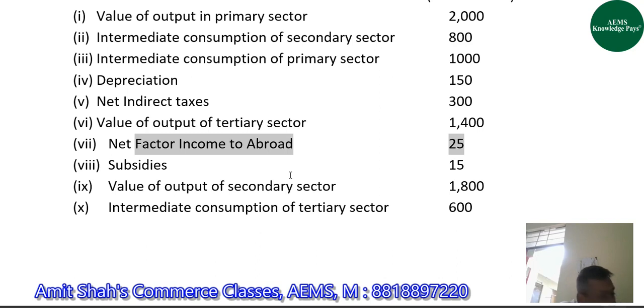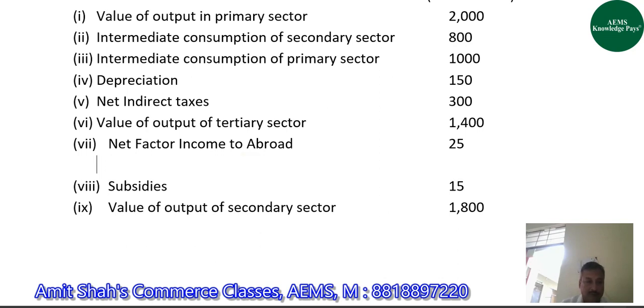Correct, guys, or not? What is net factor income to abroad? It is factor income earned by foreigners from our country minus factor income earned by Indian residents from foreign countries. So that is coming as 25. Suppose factor income earned by foreigners is 100, whereas factor income earned by Indians from foreign is 75.